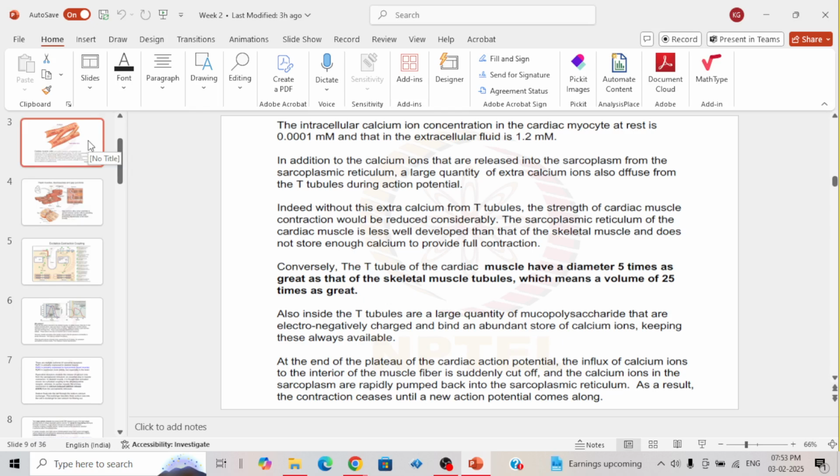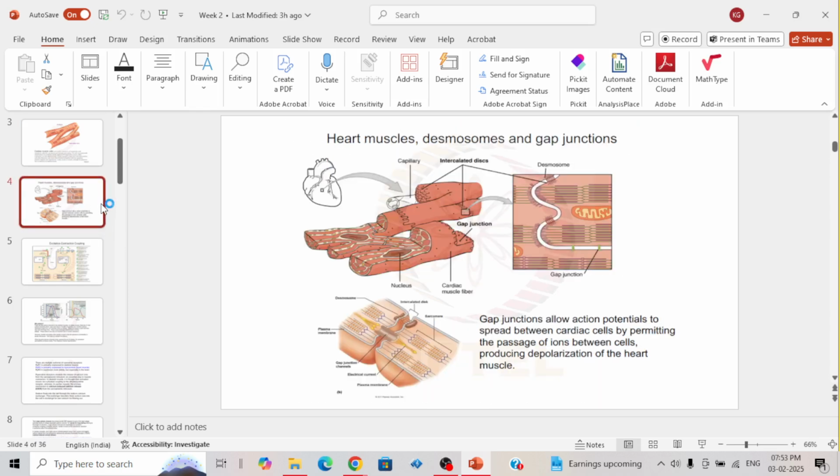Like the refractory period of skeletal muscles is shorter than the cardiac muscles. There are intercalated discs, that is the structural point. The skeletal muscles take milliseconds to respond, while the cardiac muscles take longer. The cardiac muscles contract in a rhythmic manner, while the skeletal muscle contracts by the all or none principle. Either it will contract wholly or it won't contract at all. So you must remember these little points.